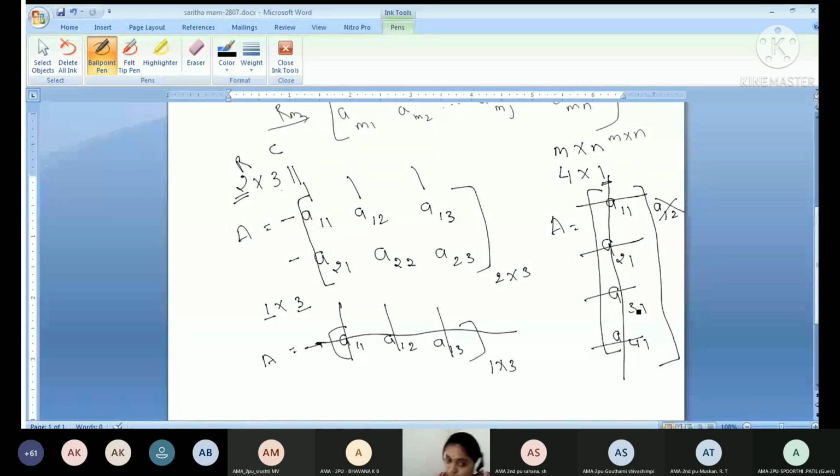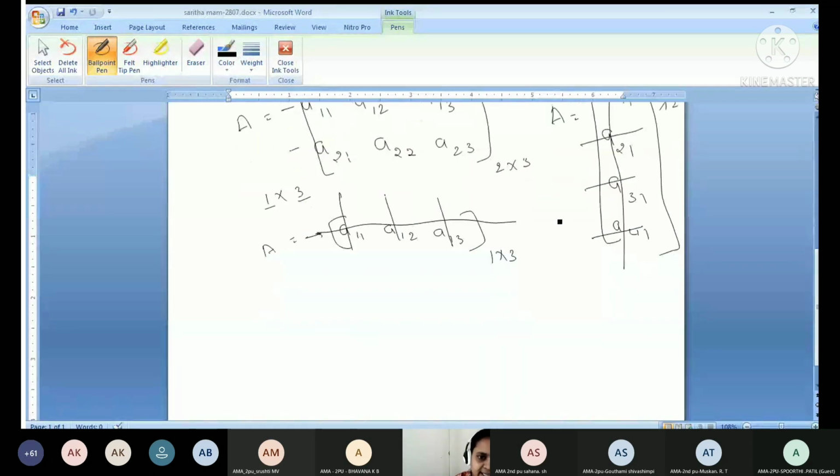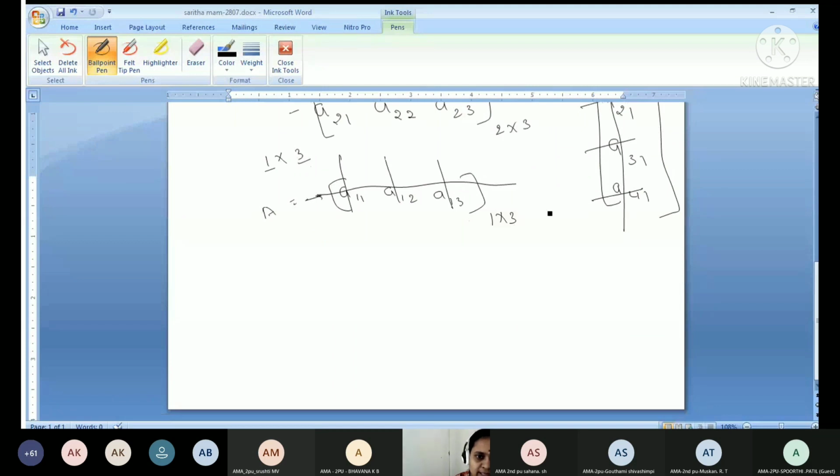I have told you one more thing also, while writing. A matrix of order 2 by 3 will never be equal to a matrix of order 3 by 2. You have to be very careful about this.